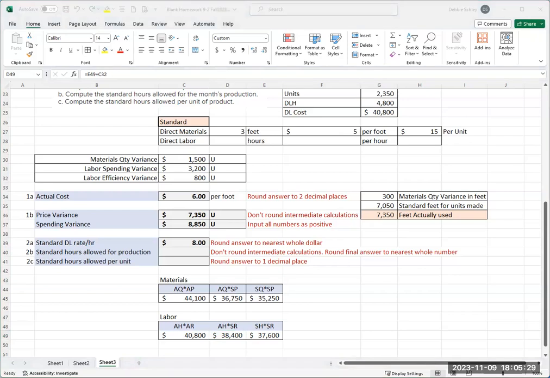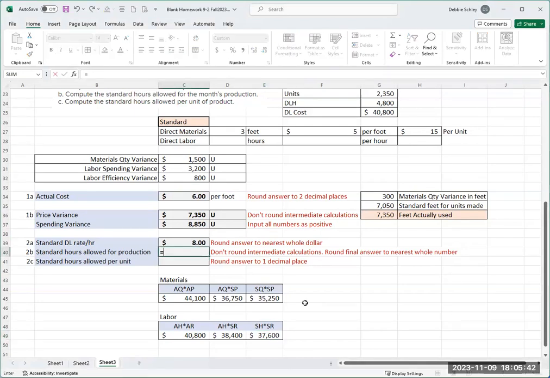Okay, standard hours allowed for production then becomes, so this one is standard hours times the standard rate. So if I divide that one, so FH times SR divided by the standard rate, then that gives me the standard hours allowed for production.